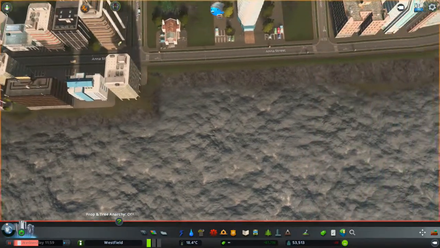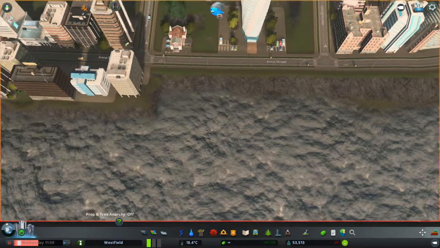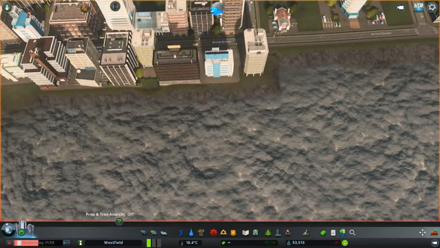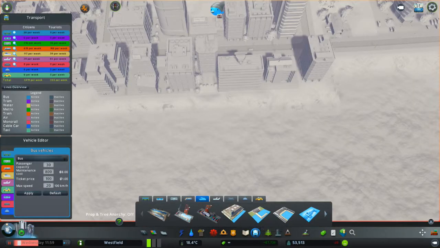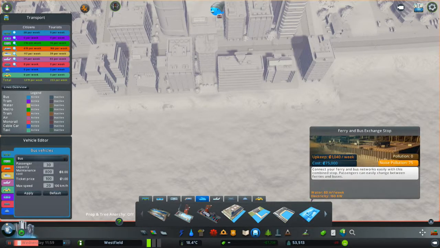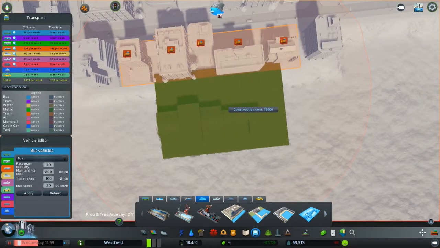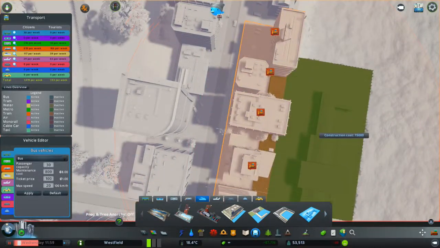That will cause untold problems. If I put it here, this road will be taken away, and that building will go as well. So I think we're going to go for the same that we had before. Another destructive bus stop, and where's my road?